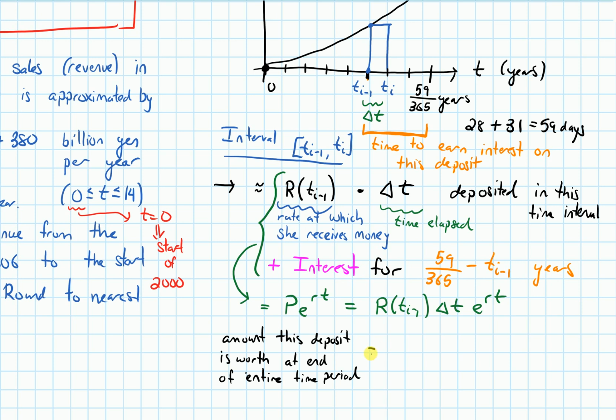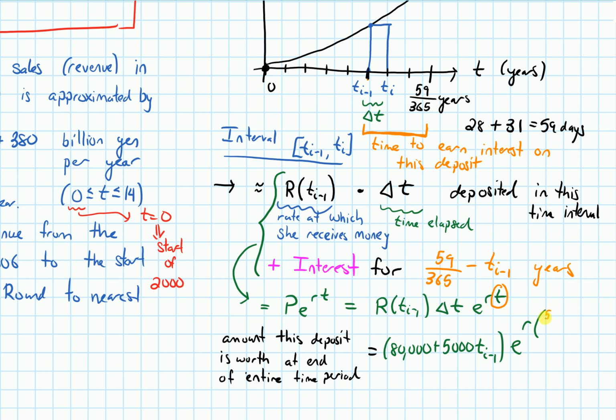Okay, so now on the right-hand side, I'm going to write down what r of t sub i minus 1 is. I'm going to plug t sub i minus 1 into my function for r of t, and that'll give me 80,000 plus 5,000 t sub i minus 1, times e to the r, and then for this t in the e to the rt, I have to put how much time this deposit was earning interest for.